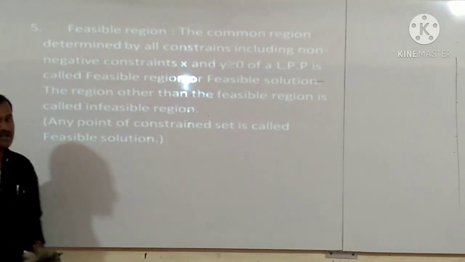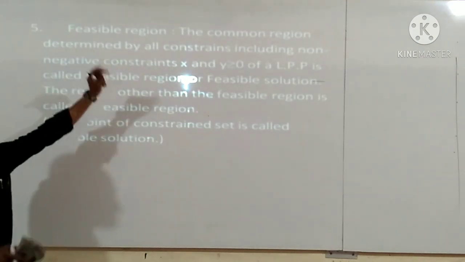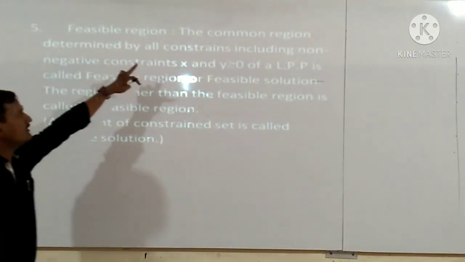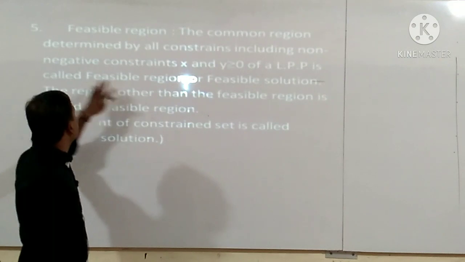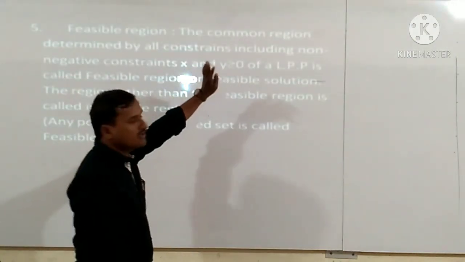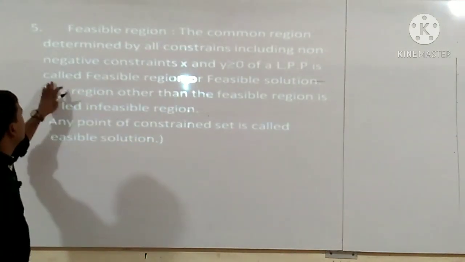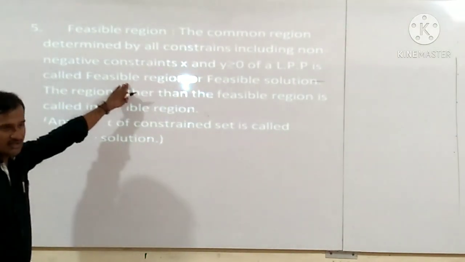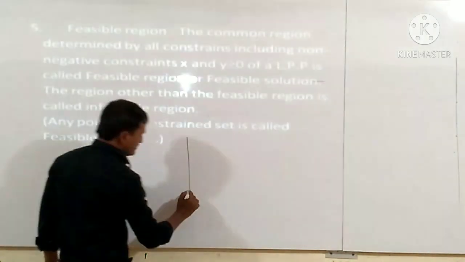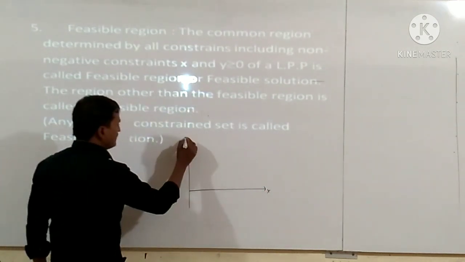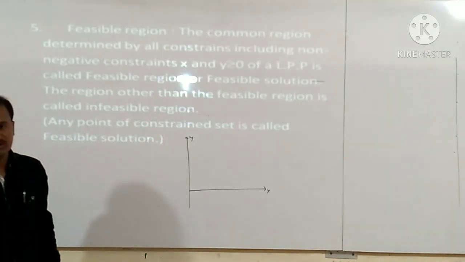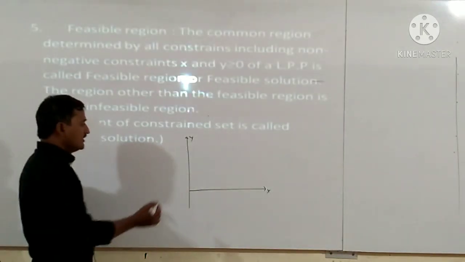This is also very important. Feasible region is a common region determined by all the constraints, including the non-negative constraints x and y greater than or equal to 0, of an LPP. You already studied linear inequalities in first year, how to solve a system of linear inequalities using a graph.